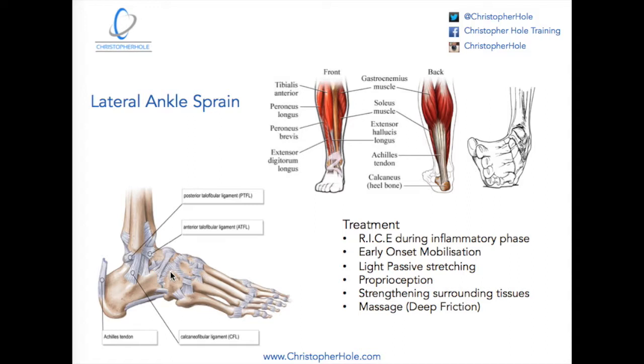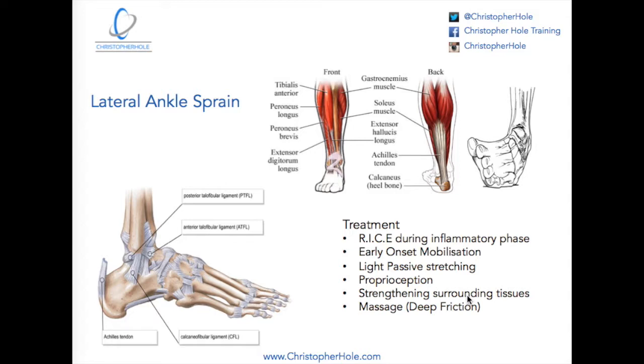So it's quite a simple recovery or rehabilitation, but it needs to be done in the correct way. So things we need to be thinking about, obviously, first of all, we need to rest, ice, compression, and elevate. That's only initially. Then we get the next 4 bullet points, which is keep it mobile, so keep it moving. It doesn't have to be loaded, so you don't need to be stood on it.